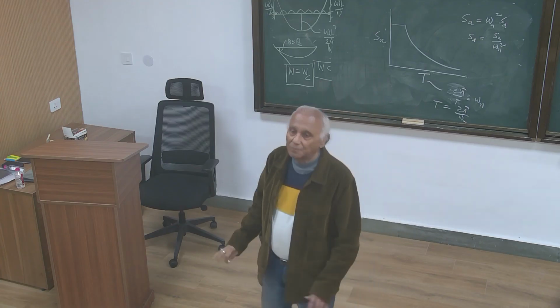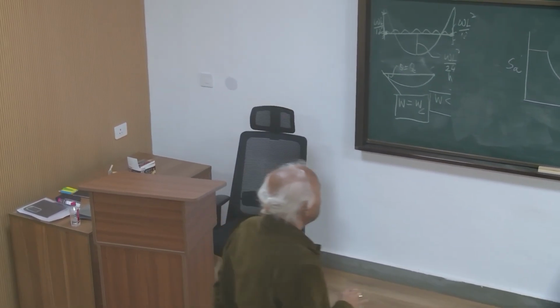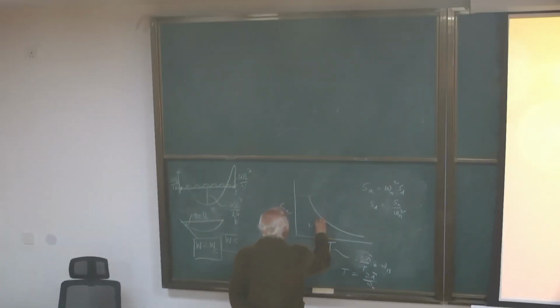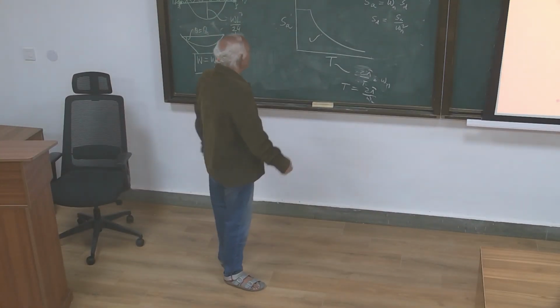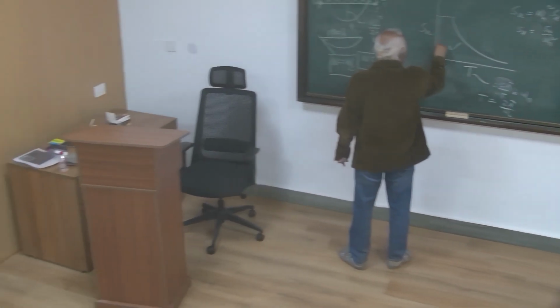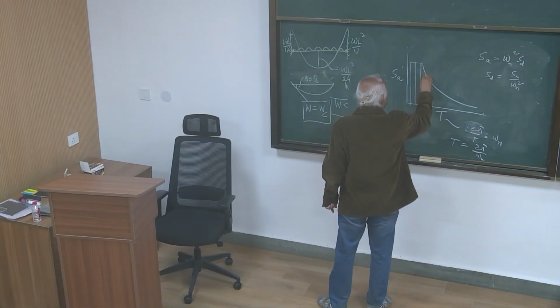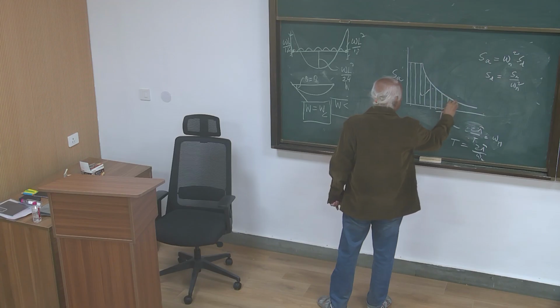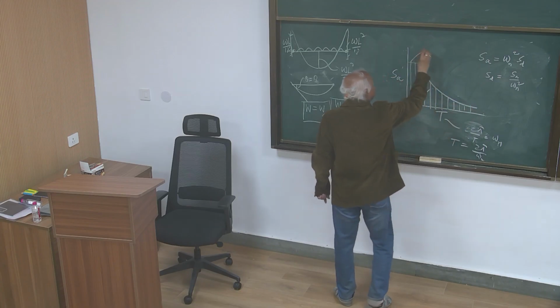Okay, these are all fundamental relationships. So you are given SA. You can find out for each value of T or omega n the corresponding SD value.